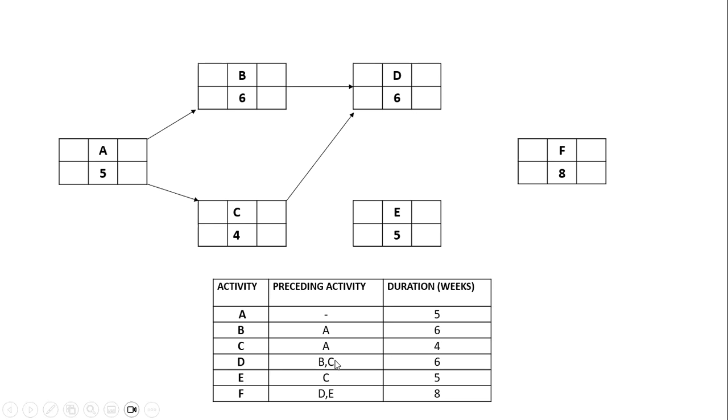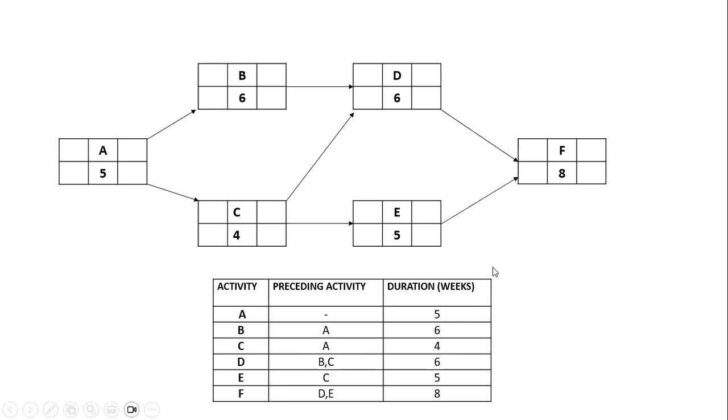And activity E can start after C. And you see here the duration, how long is activity E going to take? 5 weeks. E, you see it on the table here, 5 weeks. Activity F is going to take 8 weeks.